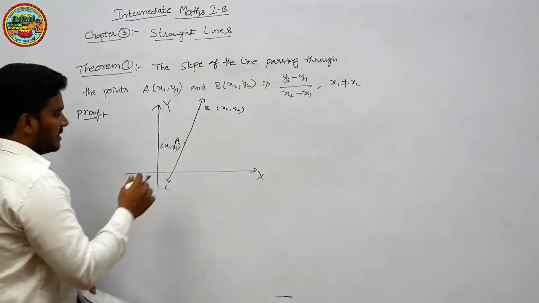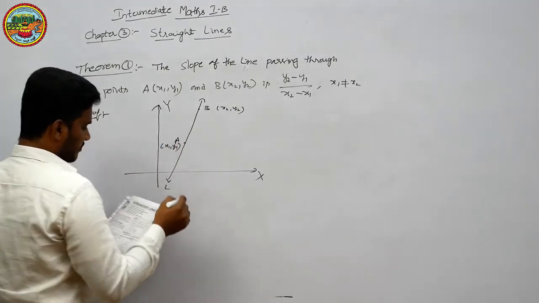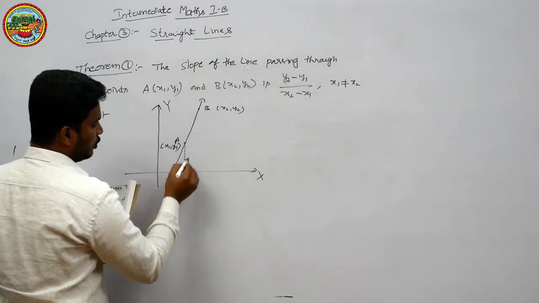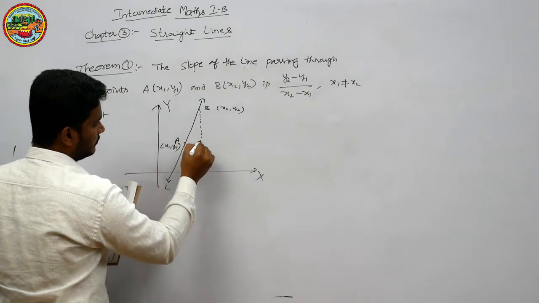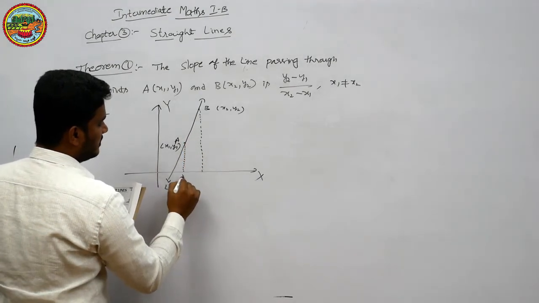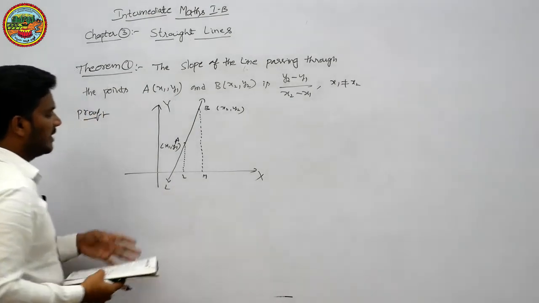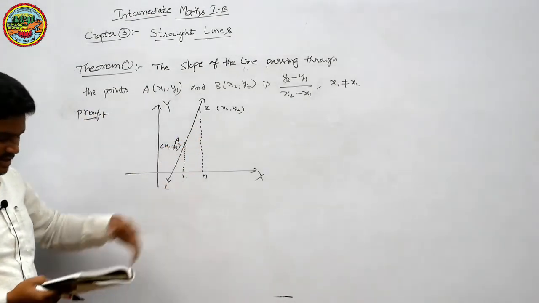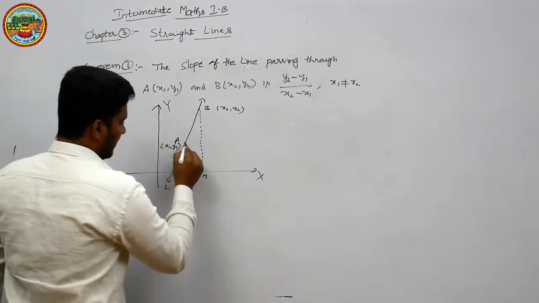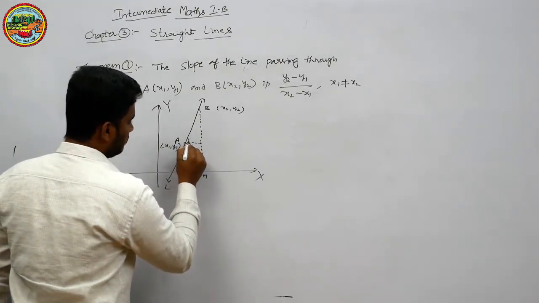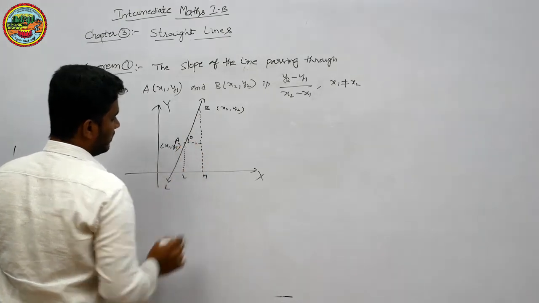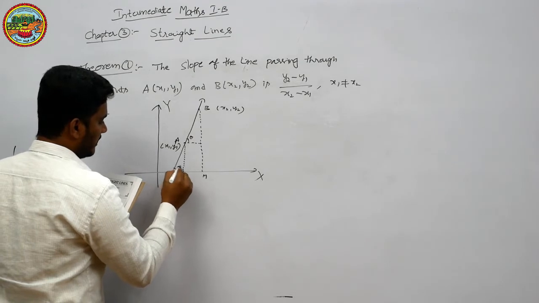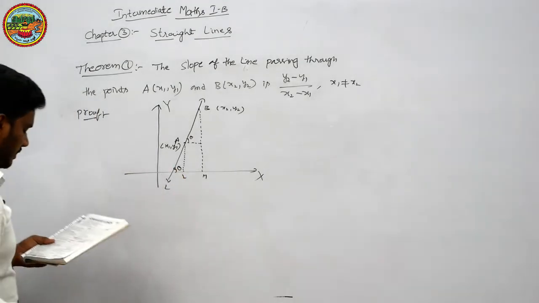If we draw 2 perpendicular lines from these 2 points, this is L and this is M. Here L and M are the 2 perpendiculars drawn from the points A and B, and the line makes an angle theta here, and here also angle theta.